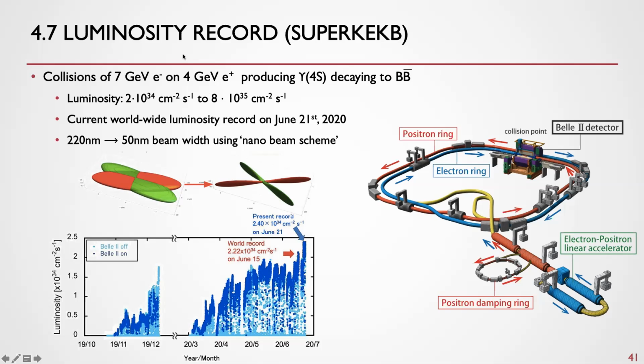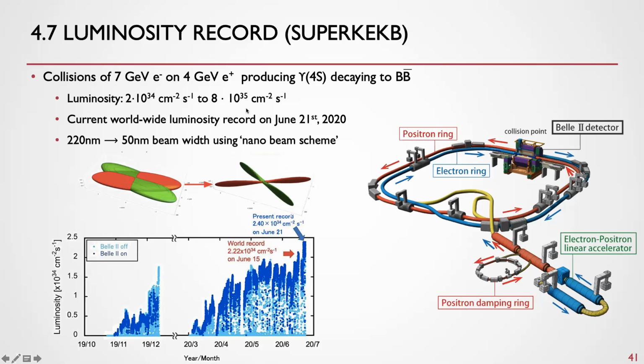This e+ e- collider currently holds the luminosity record. It has achieved 2.22 × 10^34 inverse centimeters squared per second. That's slightly higher than we could achieve at the LHC.